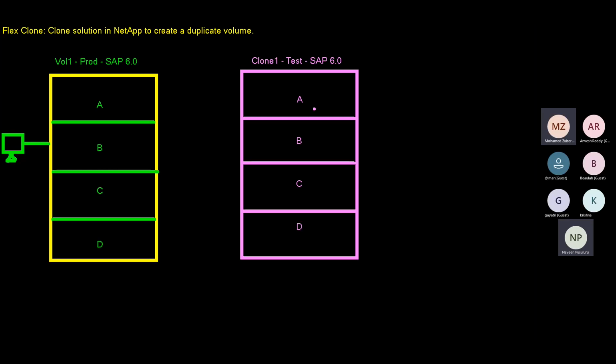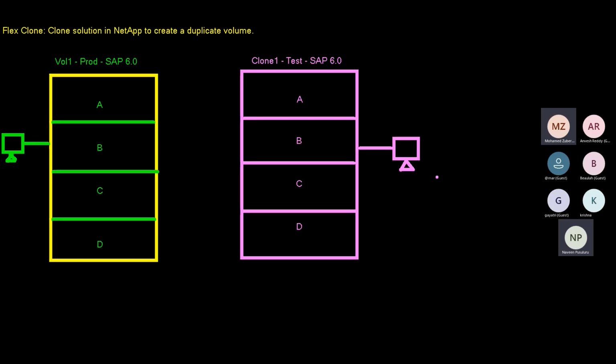Normally, they'll connect this clone to their test server and test their new version, SAP 7.0, by installing it on top of this clone, so that it will not impact the production environment. They'll do all their tests. If the tests are successful, then they'll come to production and install the new version there. This is the purpose of the clone.